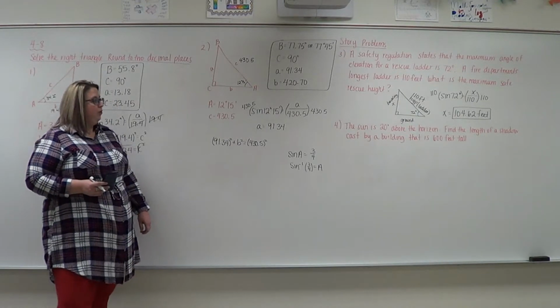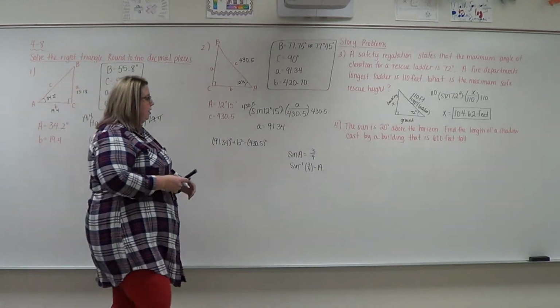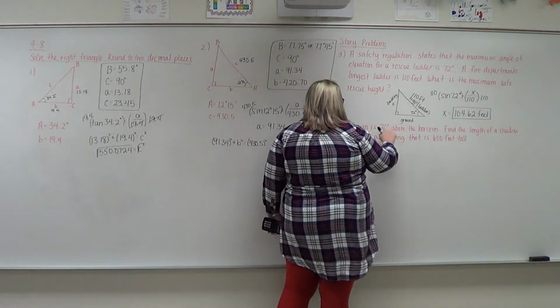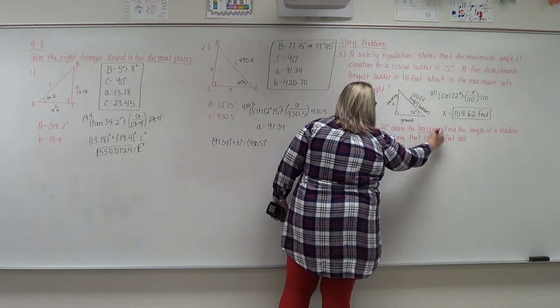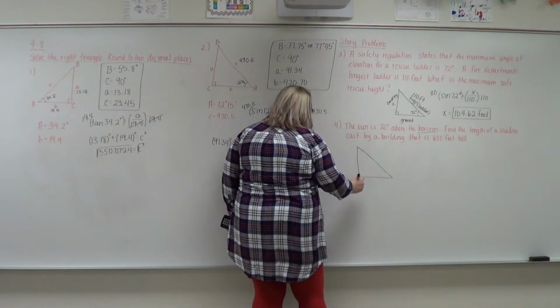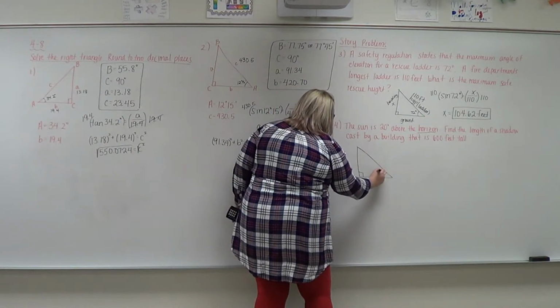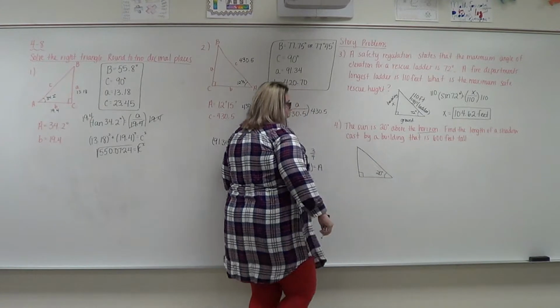Okay, where's the horizon? It's on the ground. When you're talking about the sun, or anywhere it says the word horizon, when you're looking at your triangle, that's the angle it makes with the ground. So this angle is 20 degrees.